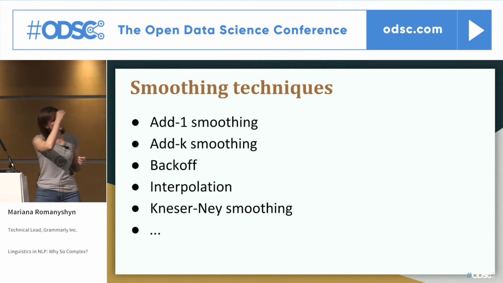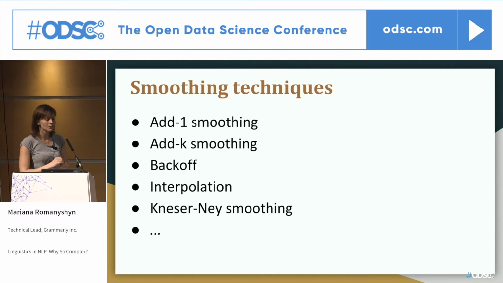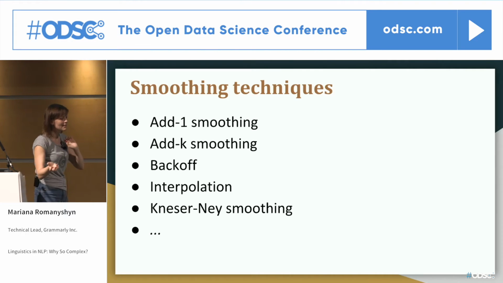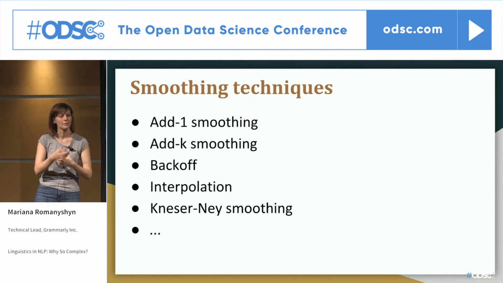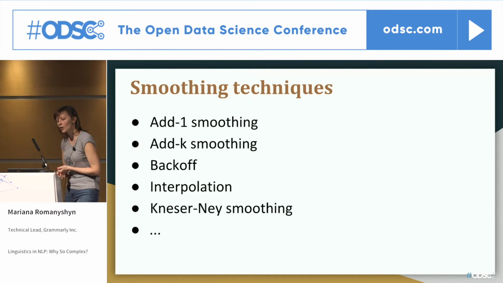We won't go deep into them because, again, this is not the focus of the presentation. The simplest one would be add-1 or add-k smoothing. This means that we pretend, for example, that every term that we haven't seen, we saw at least once. And this already eliminates the zeros in our formula. Or we can do a back-off.